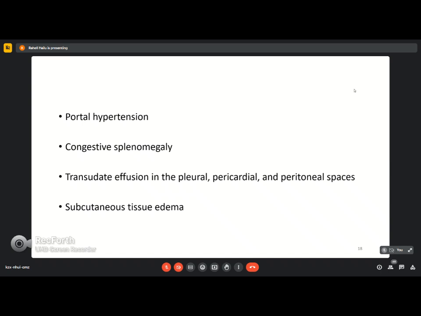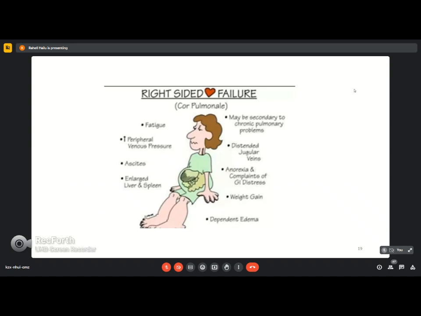You would see basically diffusion of fluid into the extracellular space. It can be into the pleura, the pericardial, the peritoneal spaces, and sometimes even into the subcutaneous tissue, causing edema.